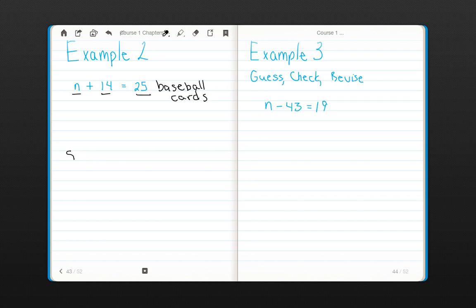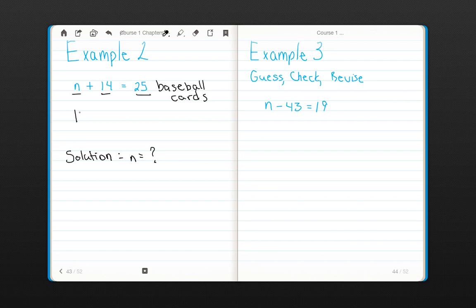Because the solution we are looking for is what n equals. N equals what? How many baseball cards? So, well, I know that by thinking about it, 14 plus 10 is 24, plus 1 more is 25.